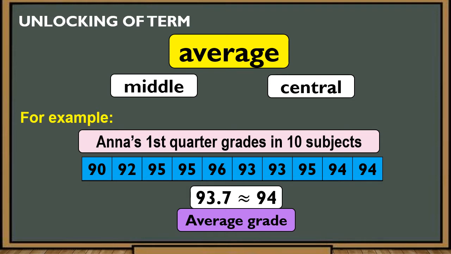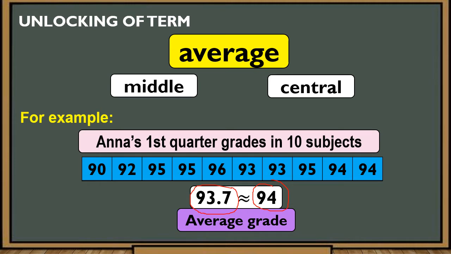So what does 93.7, or 94, mean? This is the middle grade. This represents the grades in 10 subjects. You might say that she is performing very well because she has an average grade of 94. This 94 is the middle of the 10 grades.